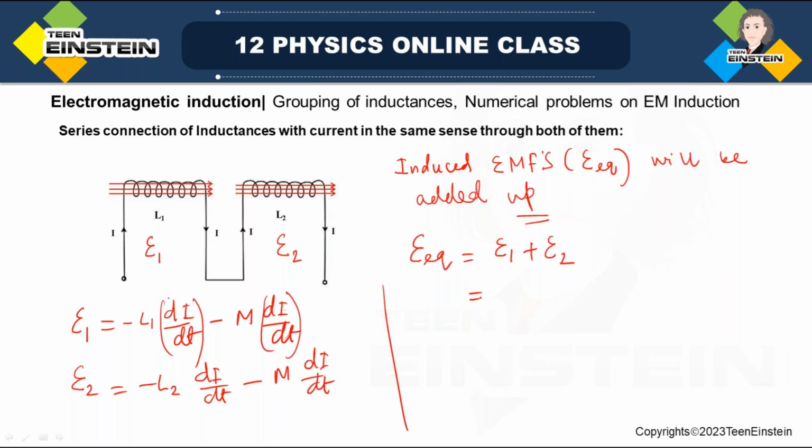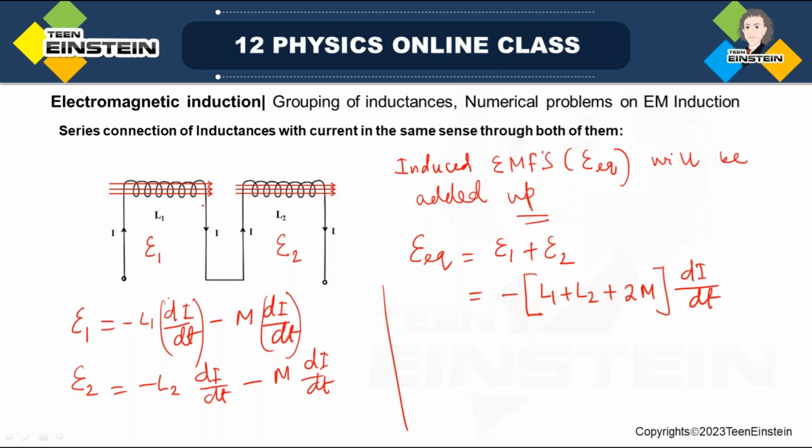So if I do this, you know what we get? Minus, let us take minus common. So L1 plus L2 plus 2M, okay, plus 2M into di dt. Okay, so this is what we get.